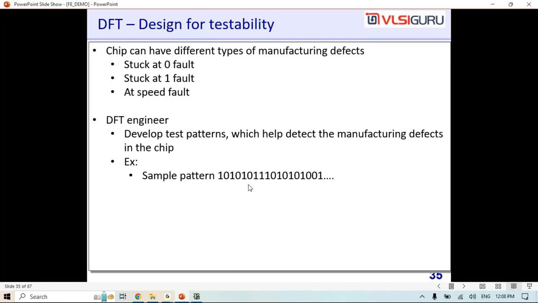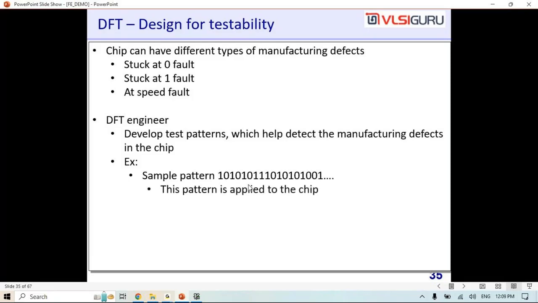A DFT engineer uses techniques called scan, built-in self-test, boundary scan, JTAG, different techniques. Through that he comes up with these numbers. It's not like he randomly decides, okay, 1, next 0, next 1. No. There is a process he follows to come up with these numbers.